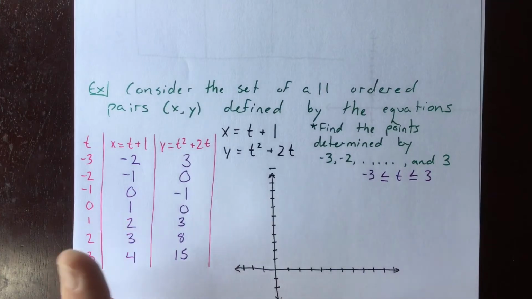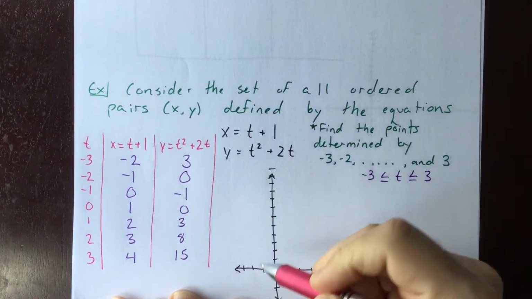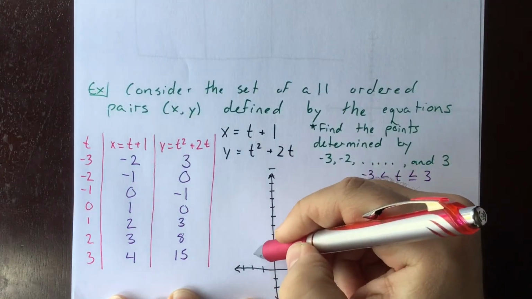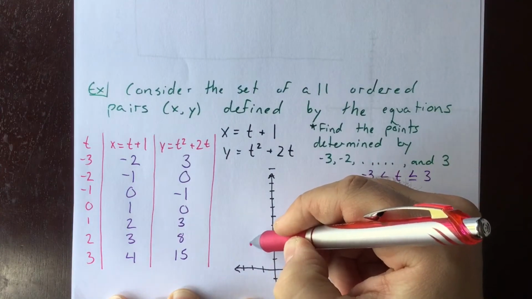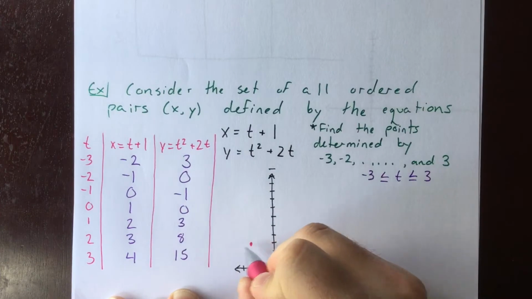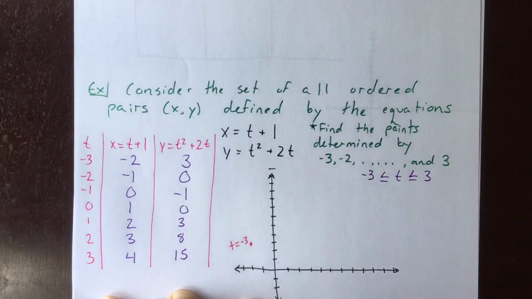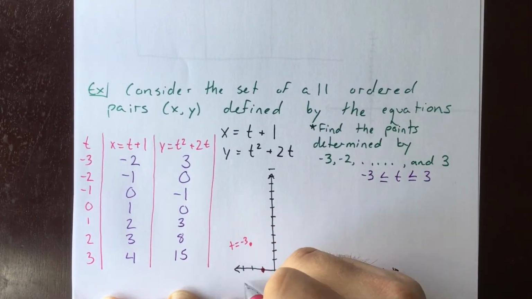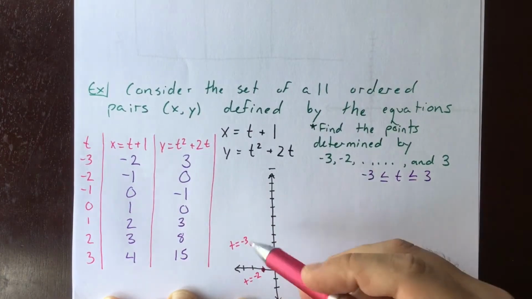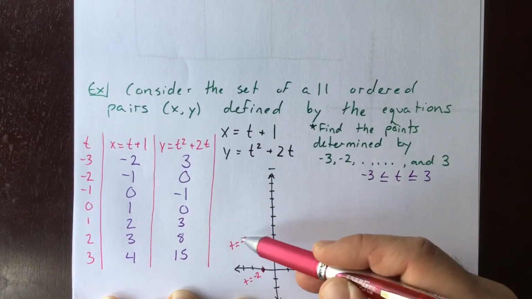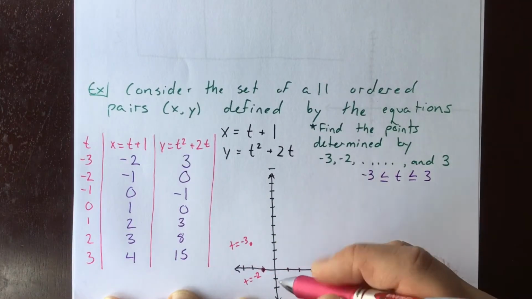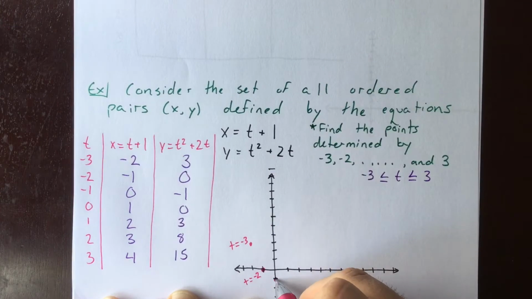So let's do this. You have -2, 3, and I'm going to label here what time value that was for. So t equals -3. Then -1, 0. And I encourage you to do this as well. Label your points according to their time value. 0, -1.